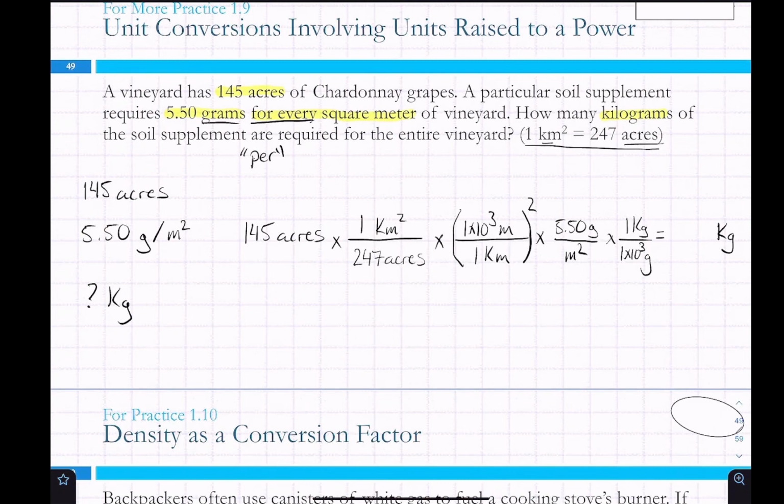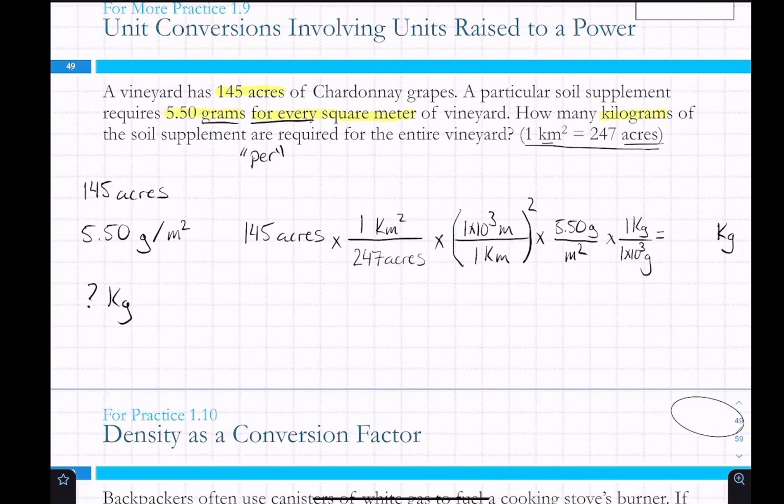So 145 times, and this is where we're going to use that square, 1 times 10 to the 3 squared times 5.50 divided by 247 divided by 1 times 10 to the 3.